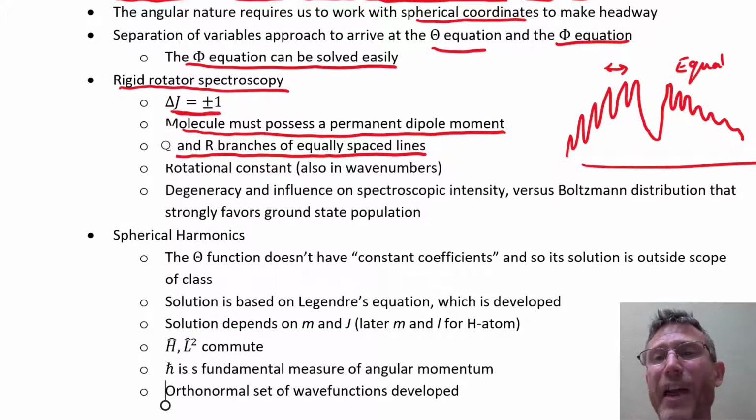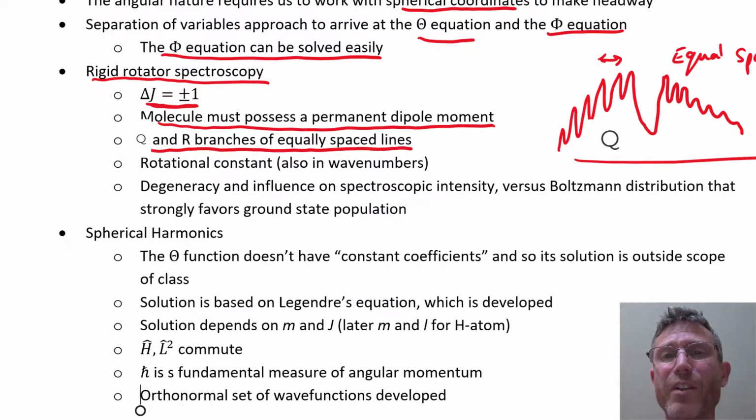So this might be energy here in wave numbers on the x-axis, and there's this equal spacing. And so we have a Q branch, which is the low energy situation, and then there's the higher energy branch there, which is the R branch.